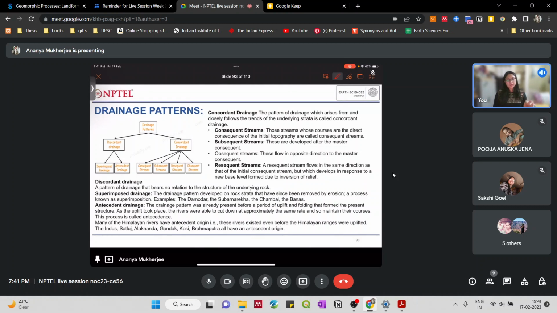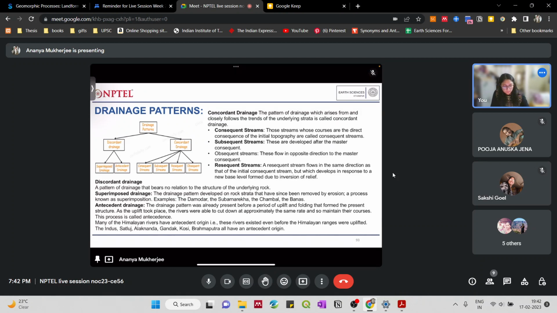In concordant you have the consequent, subsequent, obsequent and resequent streams. Consequent is obviously the direct consequence of the topography that is present. Subsequent follows after the consequent trend, and subsequently these kinds of streams form.